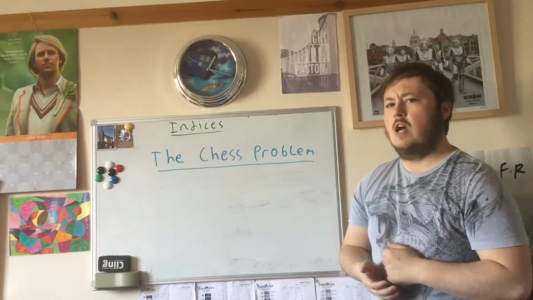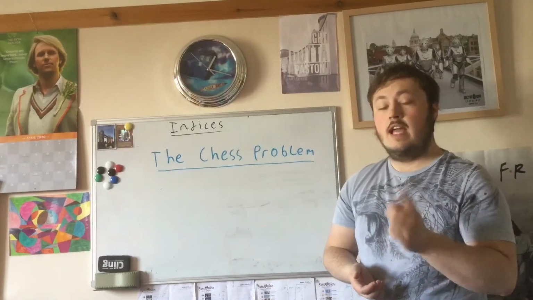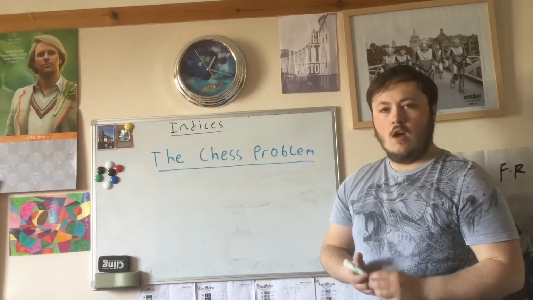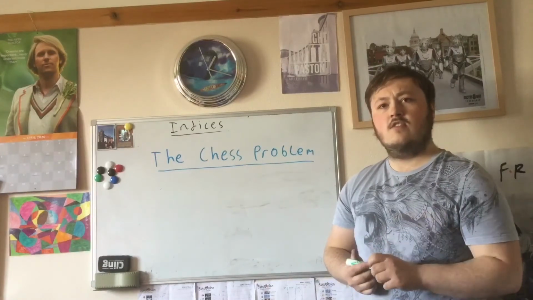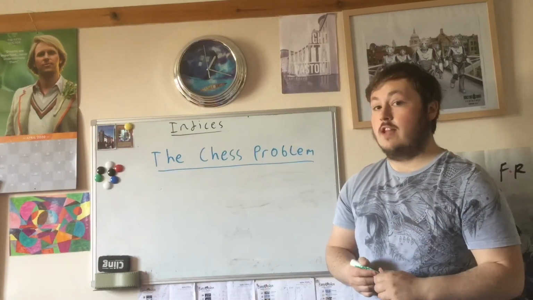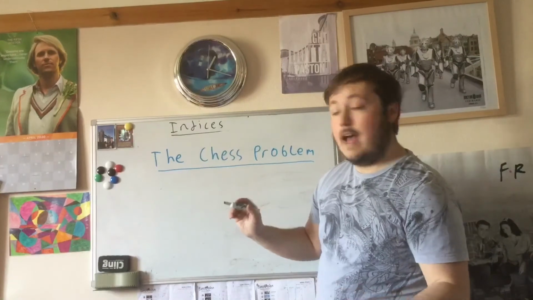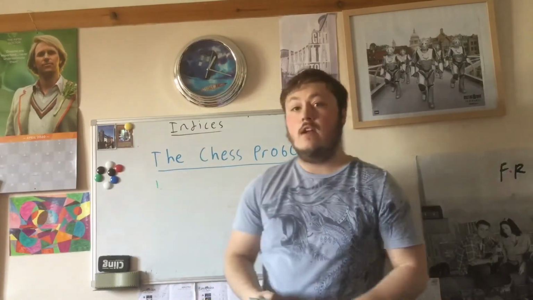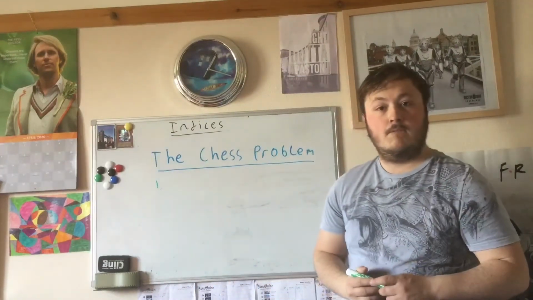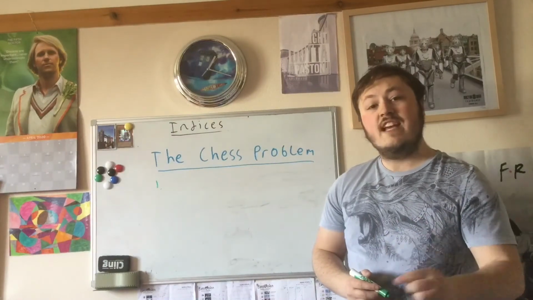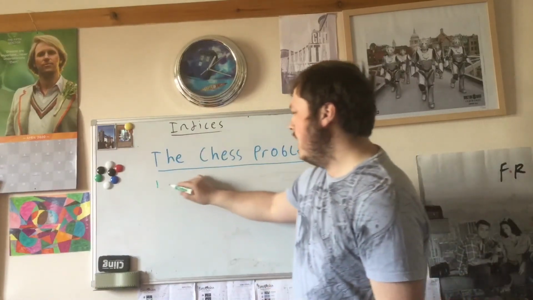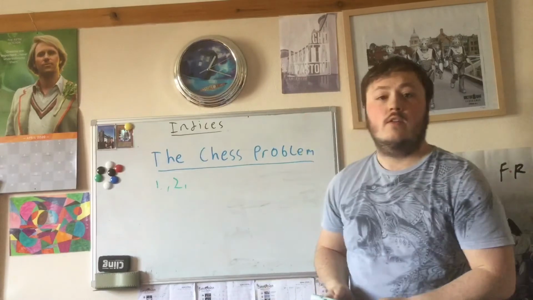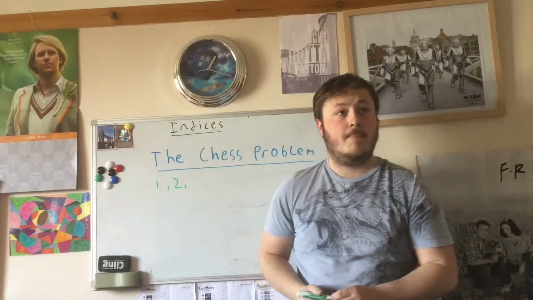Now the pro was smart, and he said to the king, "Here's what I want you to do. I want you to look at the first square on a chessboard, okay? The first square, and put 1 grain of rice on it. Then I want you to look at the second square of the chessboard and put 2 grains of rice on that.